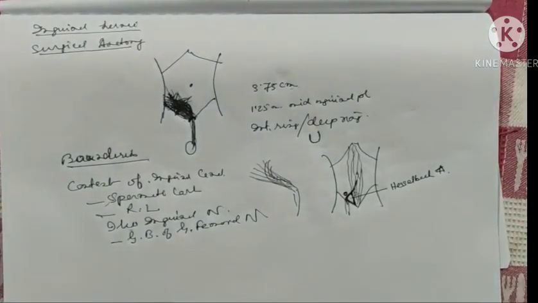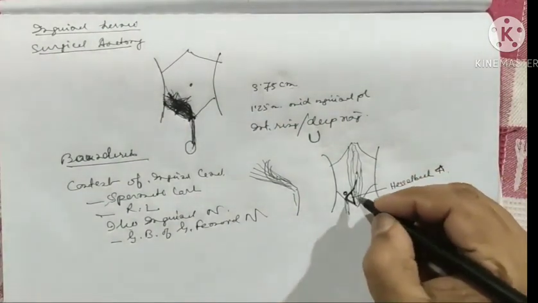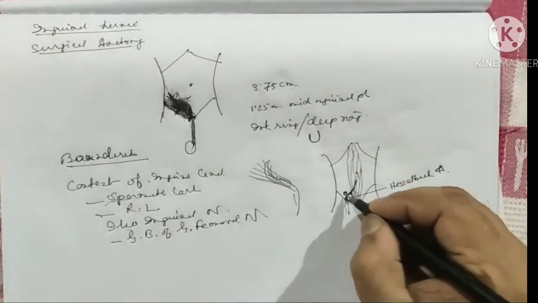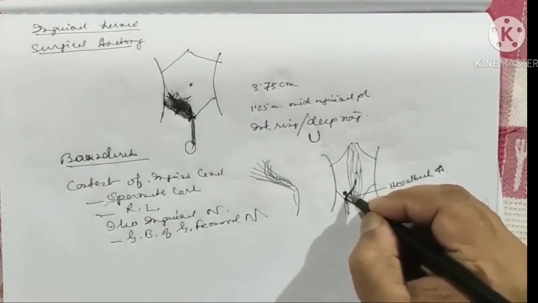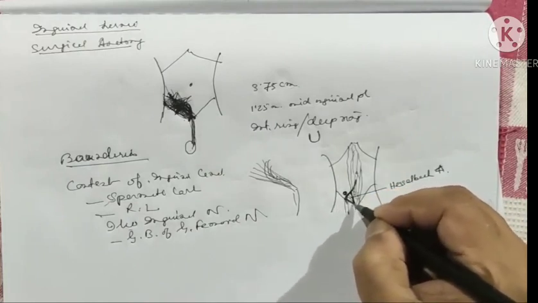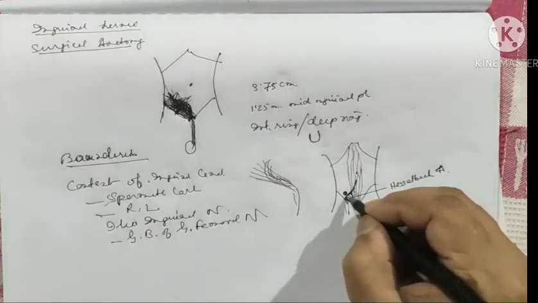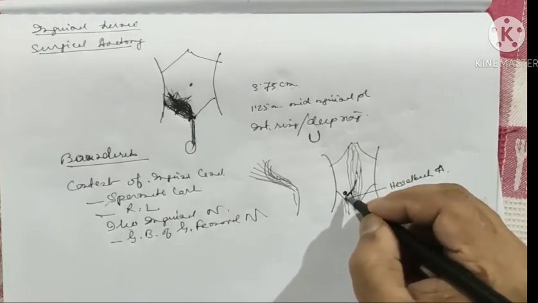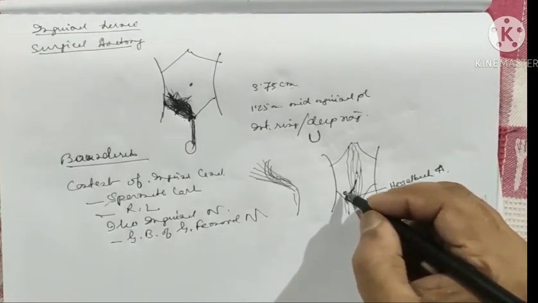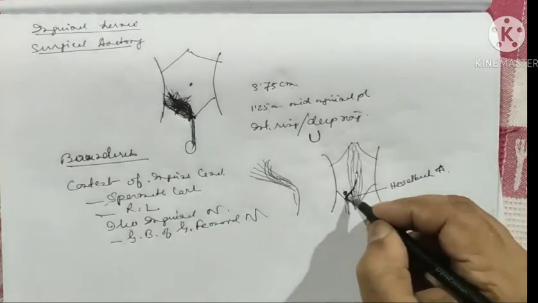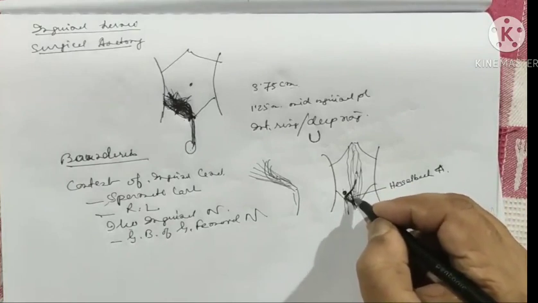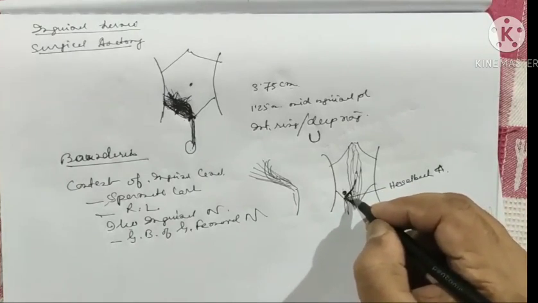So if the hernia in the inguinal region, that is an inguinal hernia, comes out through this deep ring, traverses through the inguinal canal and becomes superficial through the superficial inguinal ring, that will be known as an indirect inguinal hernia. That means it will come out along with the spermatic cord. But if the hernia comes out through this Hesselbach's triangle, then it will be termed a direct inguinal hernia.